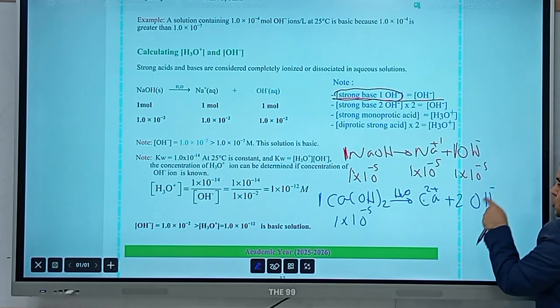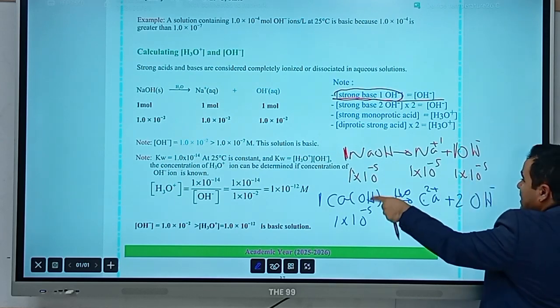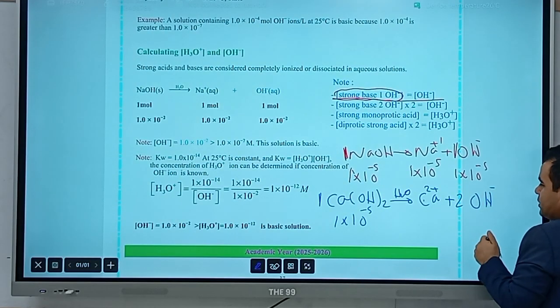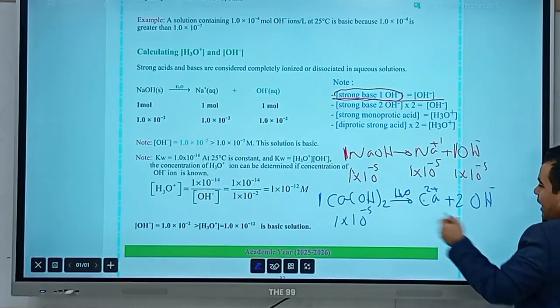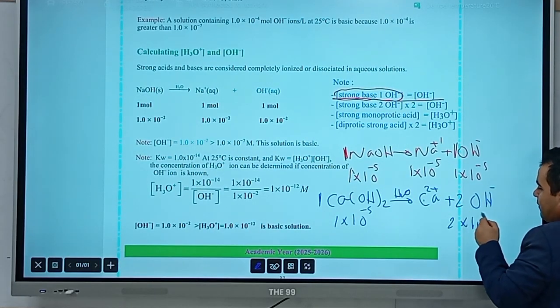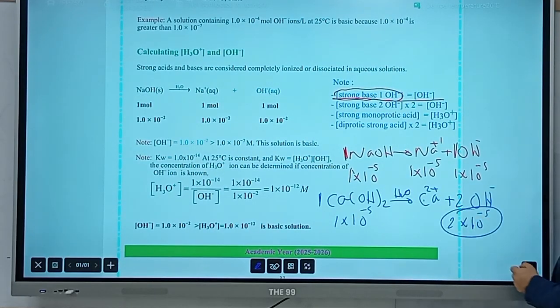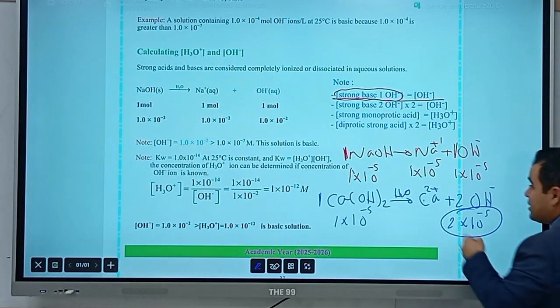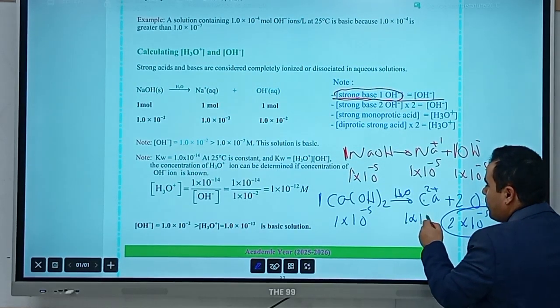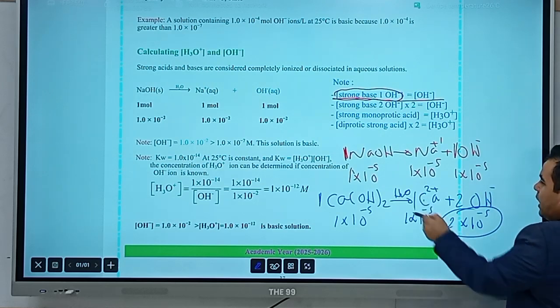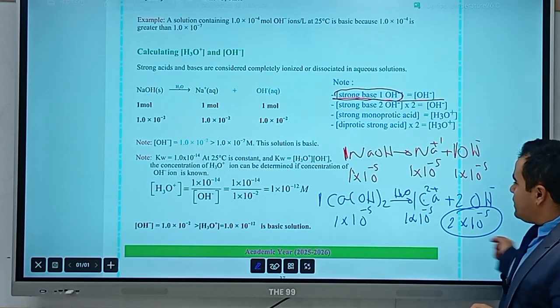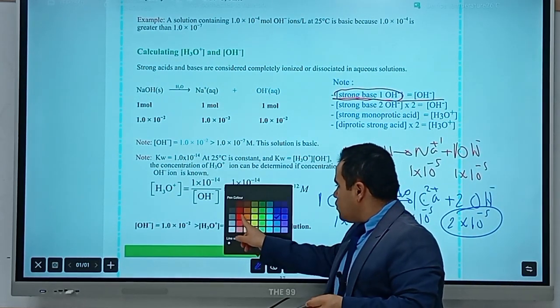So the concentration of hydroxide is twice that of the base which is given. It will be 2 multiplied by 1 times 10 to the power minus 5, so 2 times 10 to the power minus 5 will be the concentration of hydroxide. But Ca is still 1 times 10 to the power minus 5. Why? Because we have got 1 mole of Ca formed in the solution.